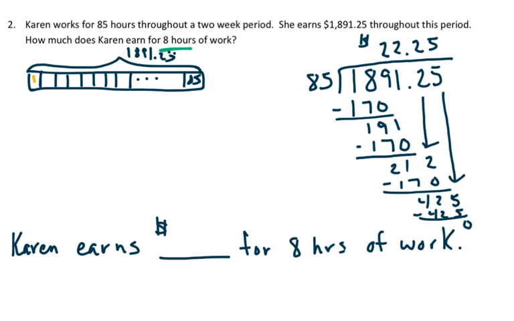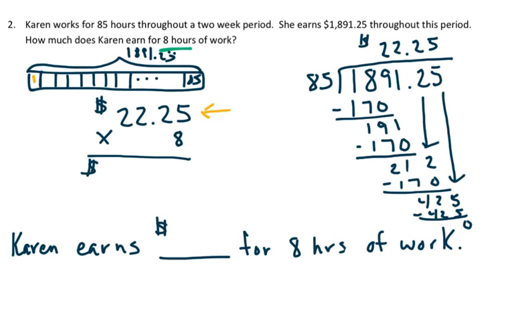$22.25. Now remember, the question asks for 8 hours. So I do have to take my $22.25 and I'm going to multiply that by 8 because this is the amount she earned in 1 hour. I need it for 8 hours. So again, we're talking about money. Let me put my dollar sign here.